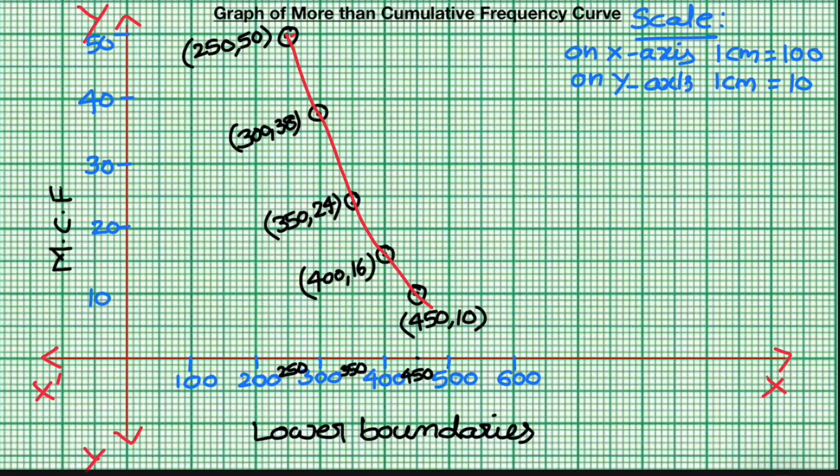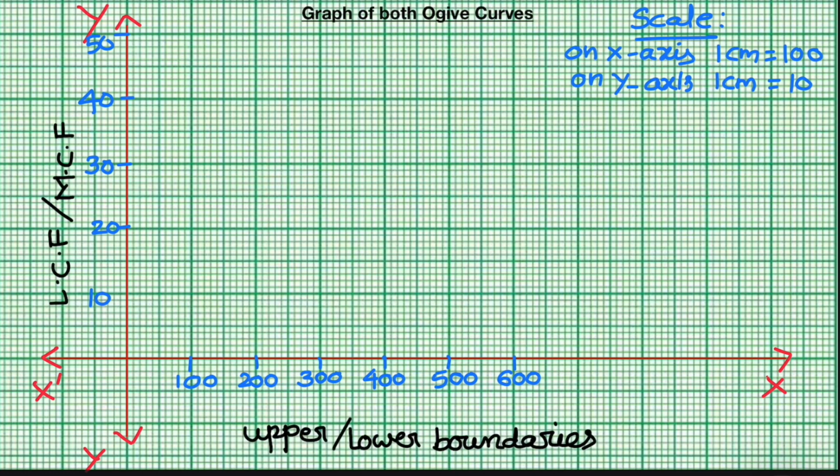Now I explain how to draw two ogives on the same axis to represent both less than type and more than type cumulative frequencies. First I draw a horizontal line, that is the x-axis, and a vertical line to the x-axis, that is the y-axis. Here we have to mark lower or upper boundaries on the same x-axis and cumulative frequencies on the y-axis.